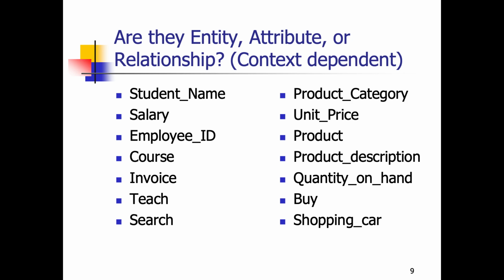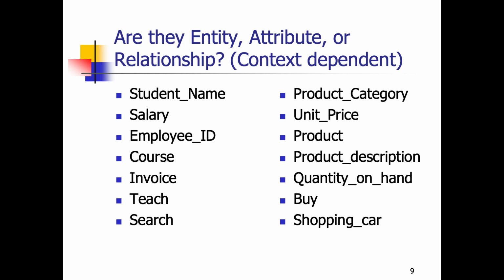How many say it's attribute? Okay, good. It is an attribute. Salary. Attribute. Employee ID. And course. Entity. Invoice. Teach. Yeah. And product category.